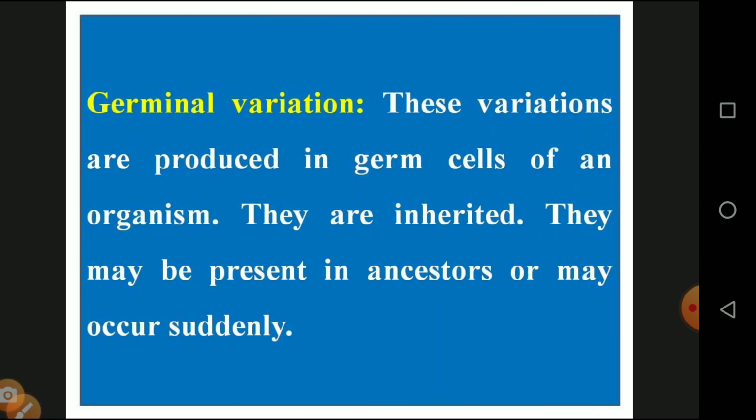And germinal variation: these variations are produced in the germ cells of an organism, which means in the sex cells. Sex cells are the sperm cell and egg cell, and these variations are inherited. For example, variation during reproduction is inherited by the next generation.